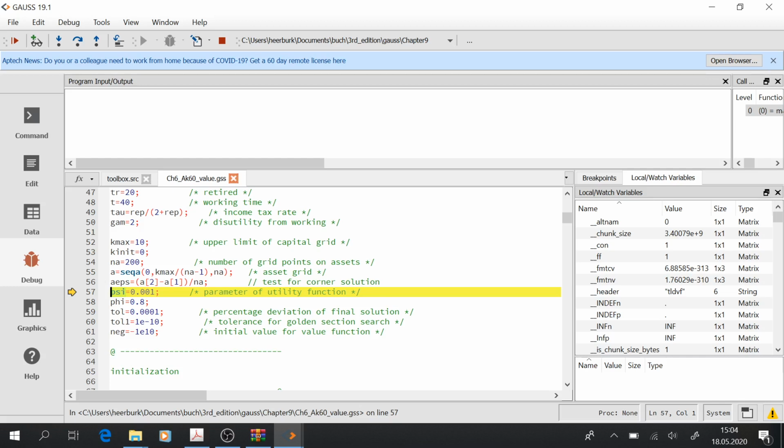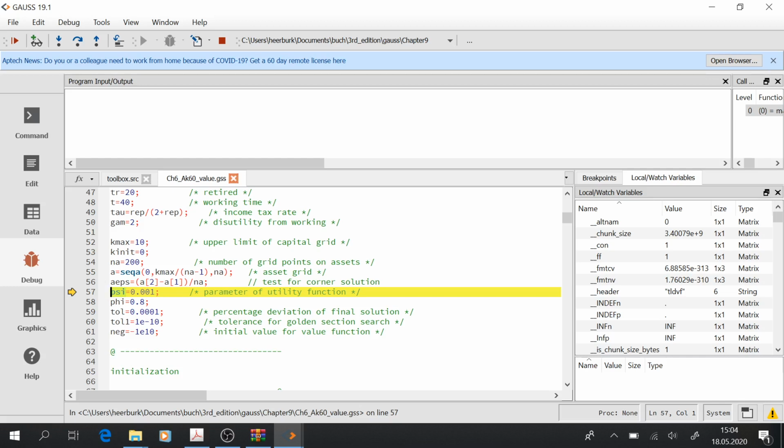We use psi equal to 0.001 as our constant in the utility function, so that when we test for 0 labor supply, 0 income, and 0 assets, so that we have 0 interest income, which will give us 0 consumption, or even negative consumption if we accumulate savings, we do not want our computer program to break down at this point when we compute utility for consumption equal to 0.